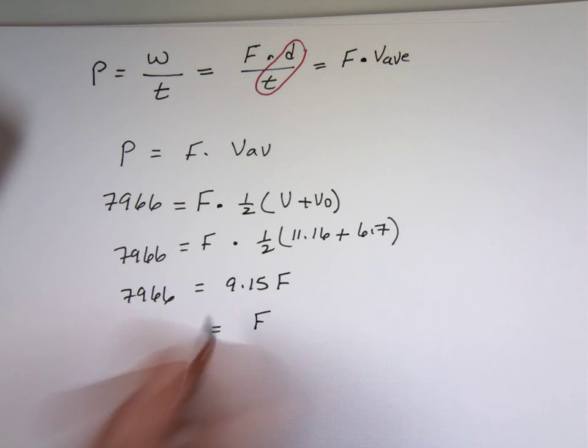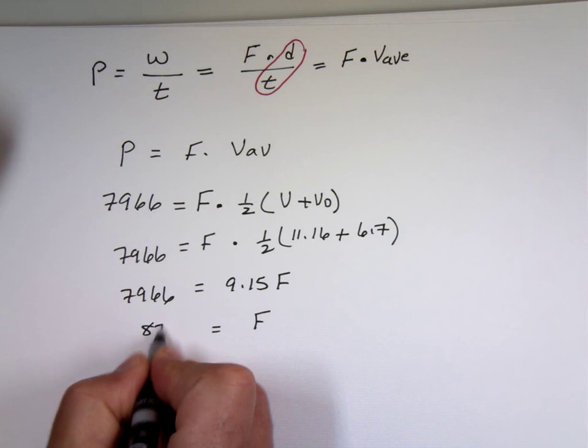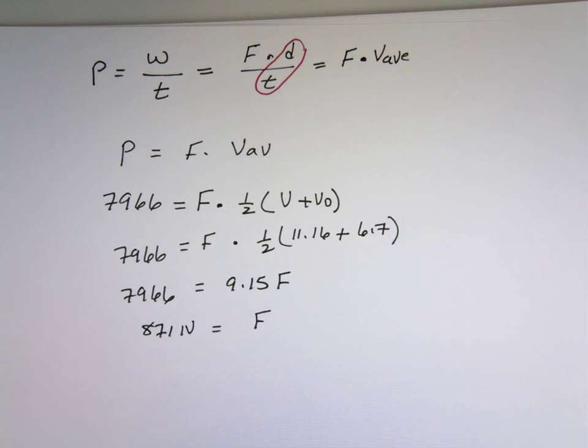That's 871 Newton. So during that time you're trying to pass, that was the force being applied, with an average value of 871 Newton.